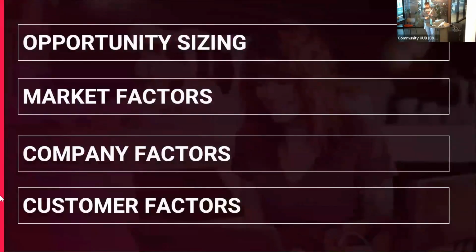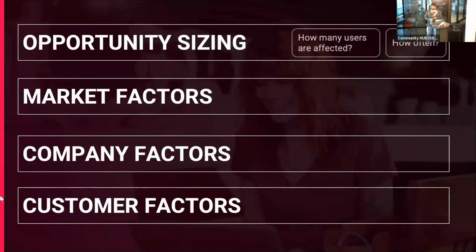All right. So I like to think about four big criteria to prioritize opportunities: opportunity sizing, market factors, company factors, and customer factors. Opportunity sizing is how big this opportunity is: how many users are affected by this problem or opportunity, and how often they are impacted.